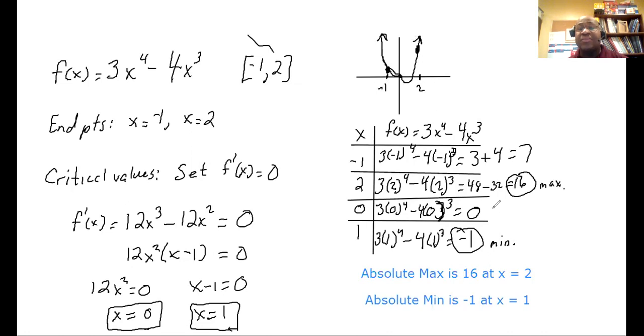We can see at +2 how that's definitely going to be a maximum point. And our minimum point occurred at x equals 1, which is here. It's a good idea to use your graphing calculator as a confirmation of the values that you get when you work them out this way.